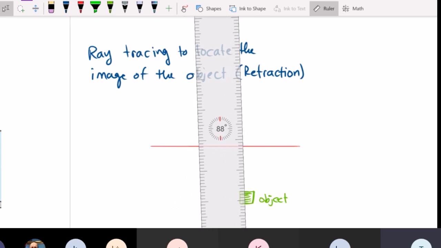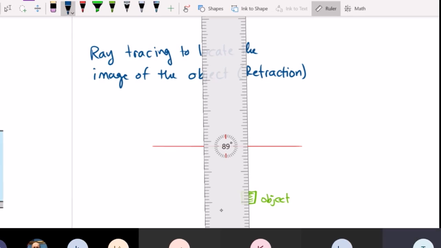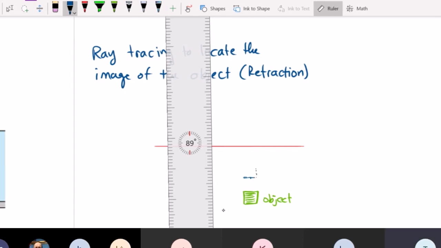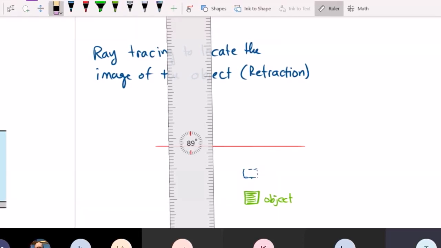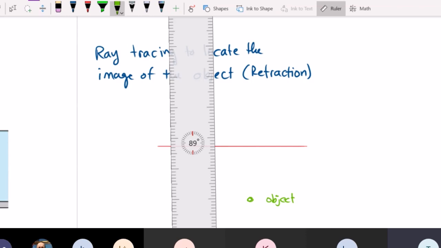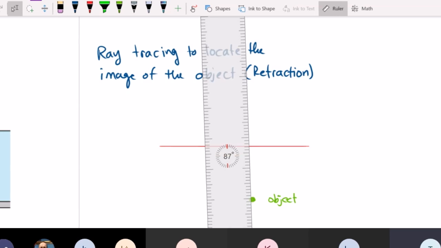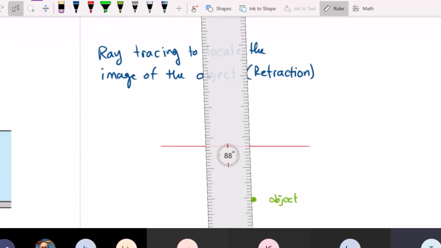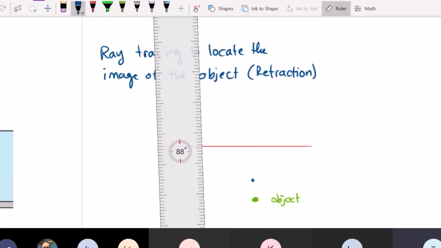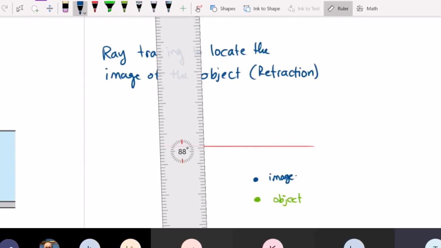You know this: the possible image should be somewhere here. Let me select a dot, much better, and this is the object. So the possible location for the image, from our knowledge, will be somewhere here above, right? Somewhere here. This is the image.